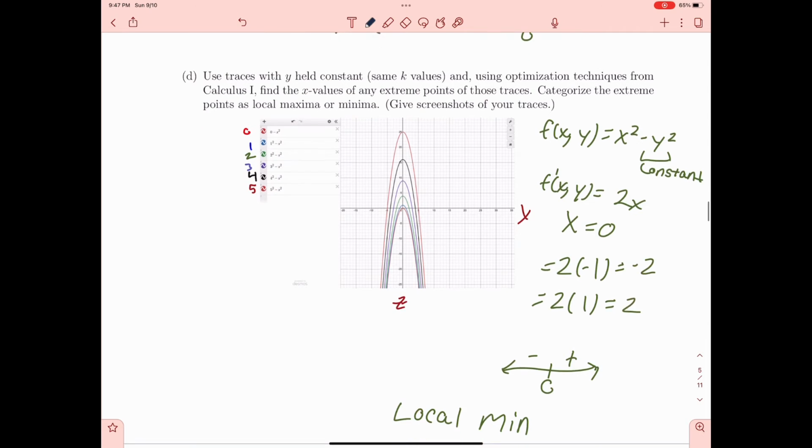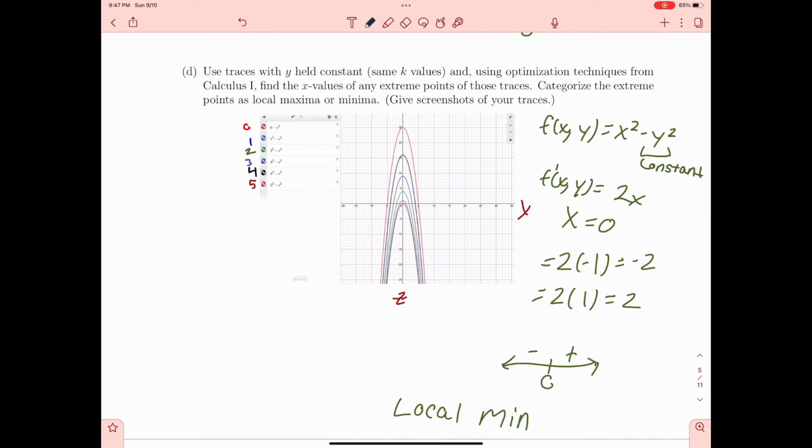We find that y equals 0 is a local max. And then we do it once again with respect to x this time. We find that the derivative is positive 2x. So plugging in a value greater than or less than 0, which is where the critical point is in this case, gives us that x equals 0 is a local minimum.